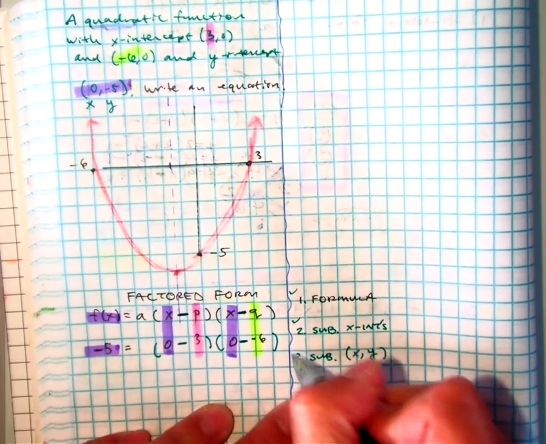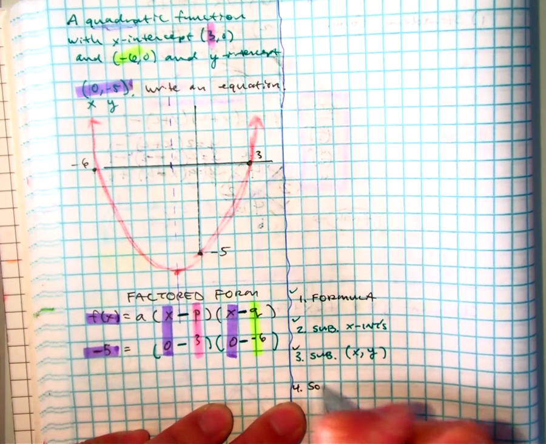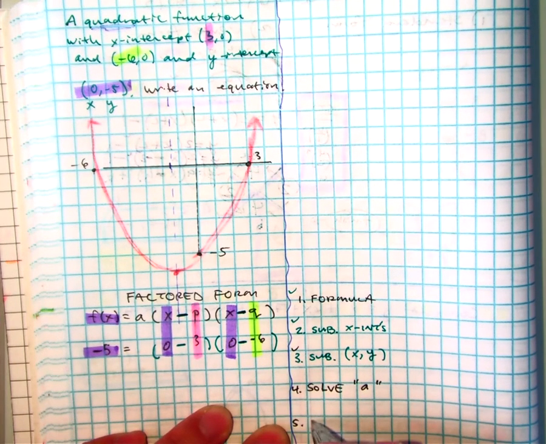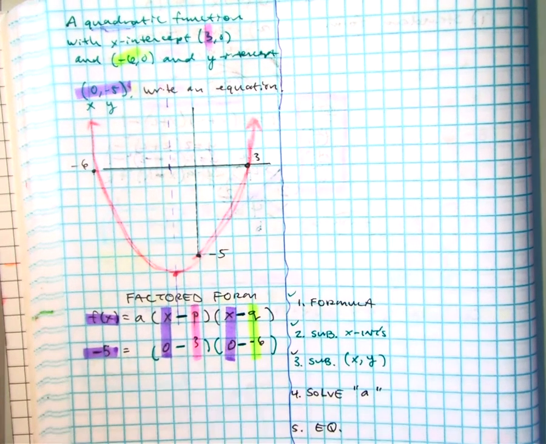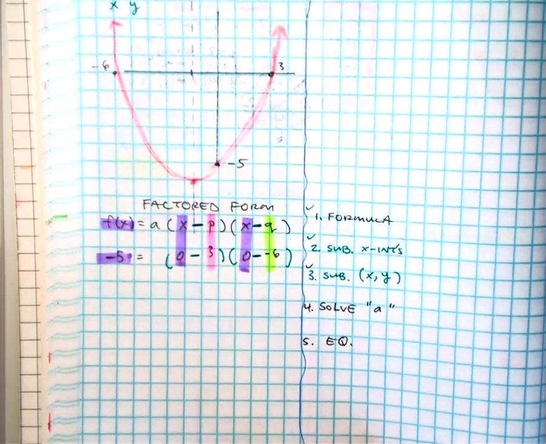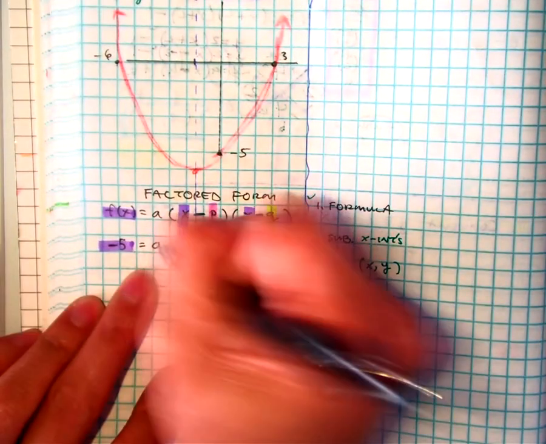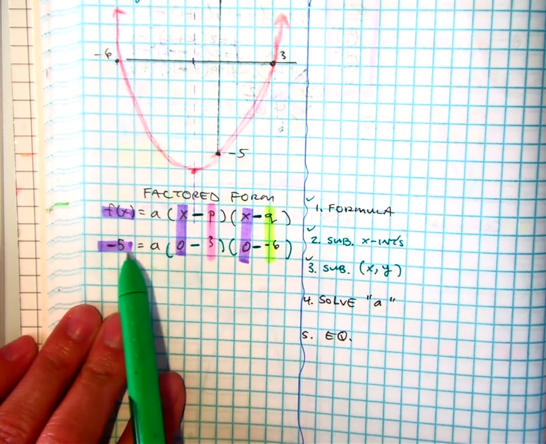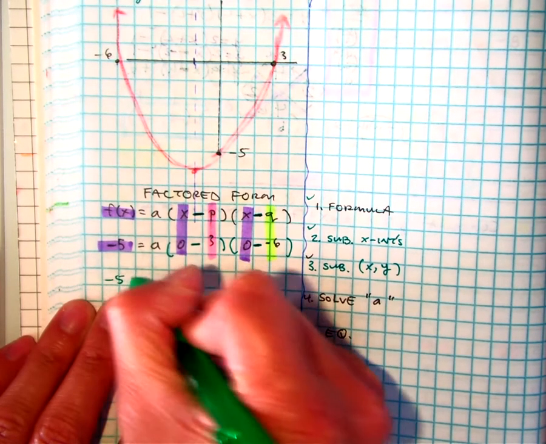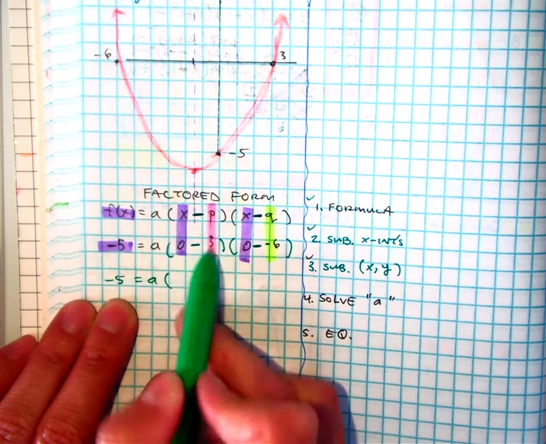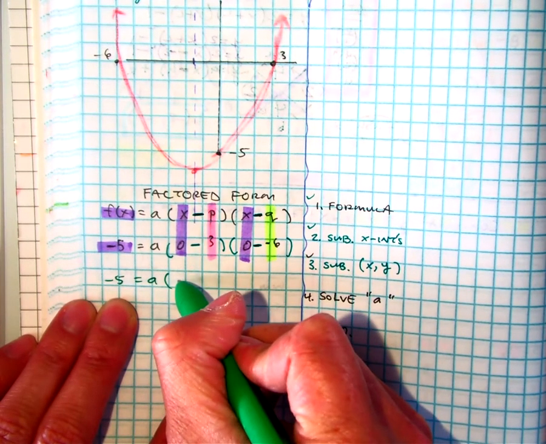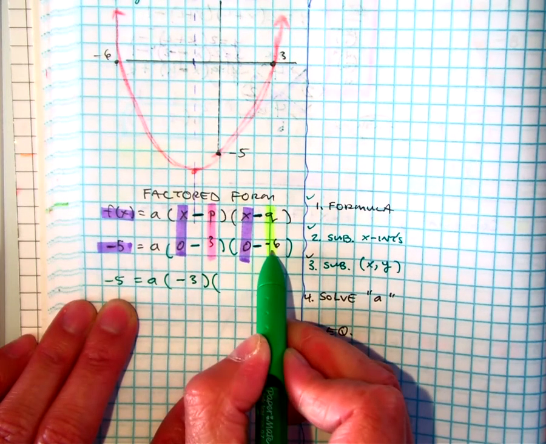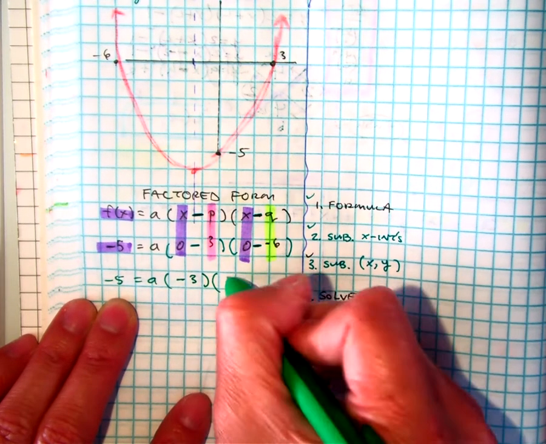And basically what we need to do next is solve for the a value, and then write our equation. So here's our a value. Let's go ahead and solve for that. You'll notice that all the other variables go away, and then you can just solve for a. So I have negative 5 equals a times 0 minus 3, negative 3, 0 minus a negative 6, 0 plus 6 is a positive 6.